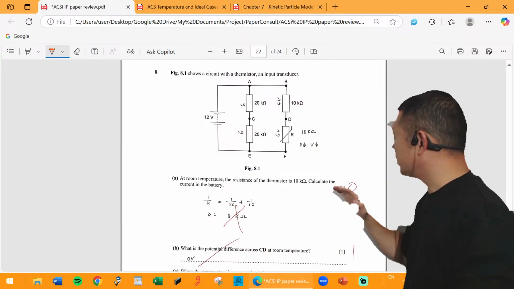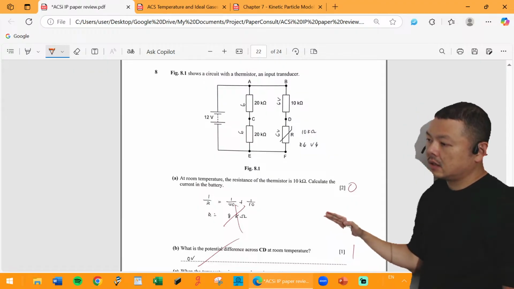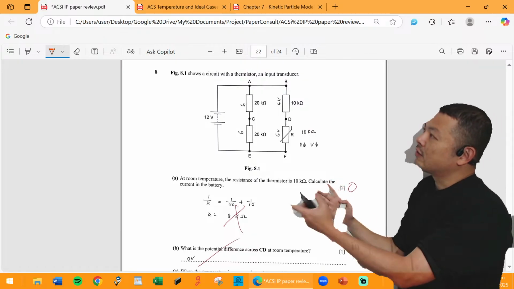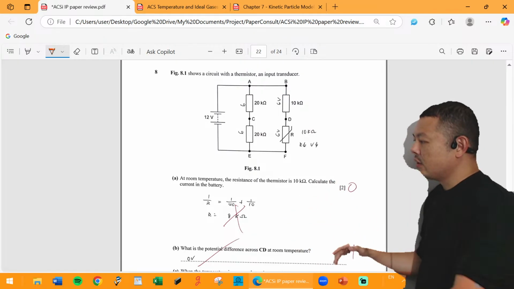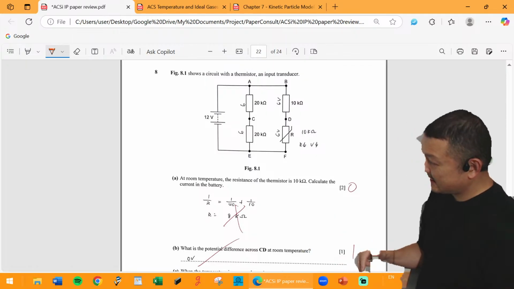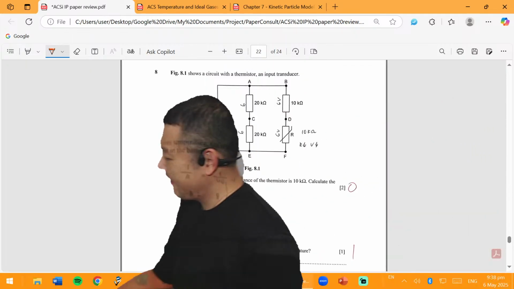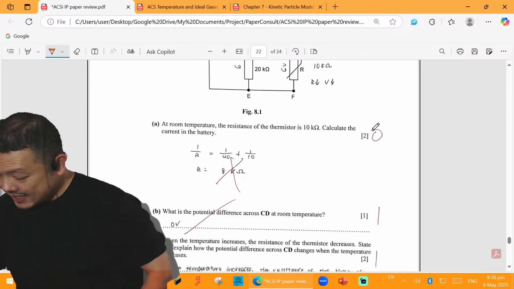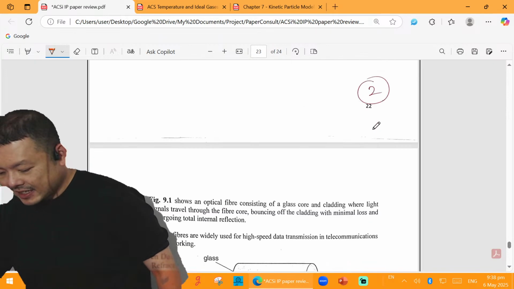Okay, so you know what this means? This means that you lacked time here already. You're rushing already. Is that right? Fair or not? You're rushing already, right? This part here, question 8, question 9, you're rushing like mad already.